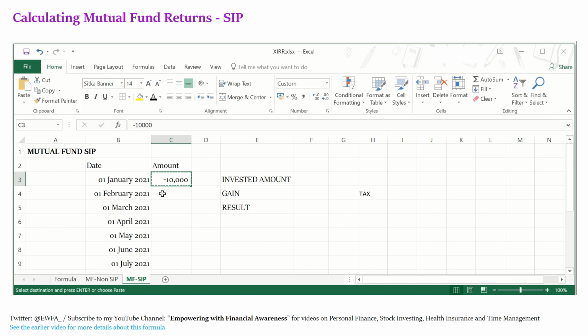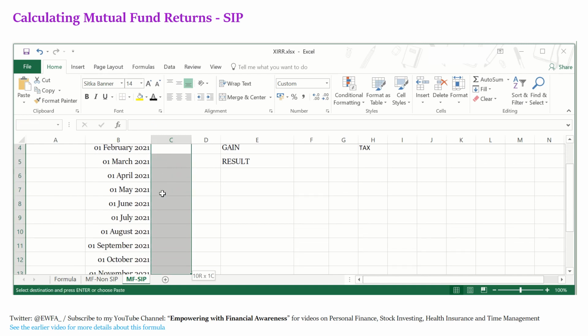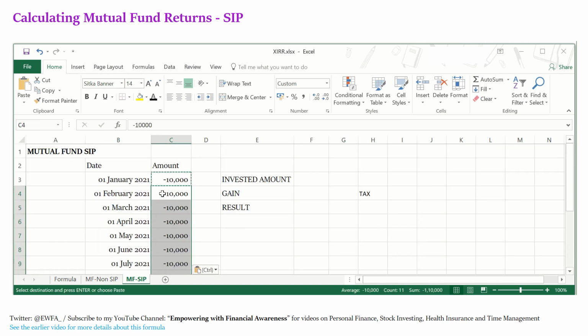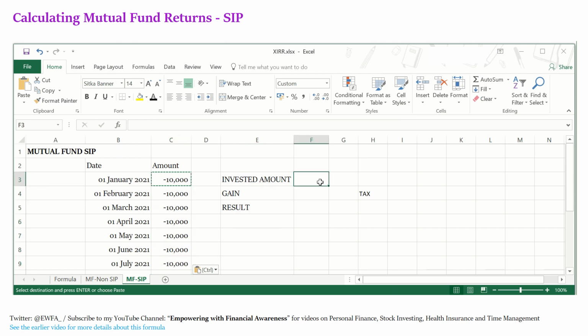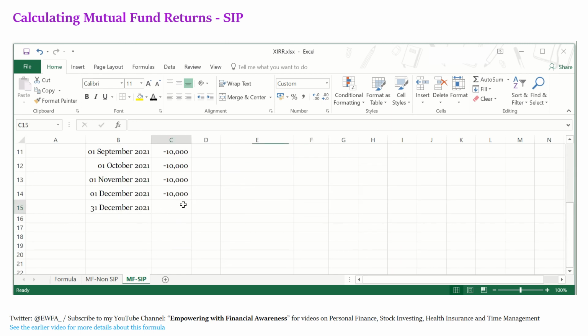Since that is an outflow from me, it's all negative values. So I do this SIP till 1st of December for 12 months. So the amount invested for these 12 months is 12 into 10,000, around 1 lakh 20,000. And I redeem it on 31st December.